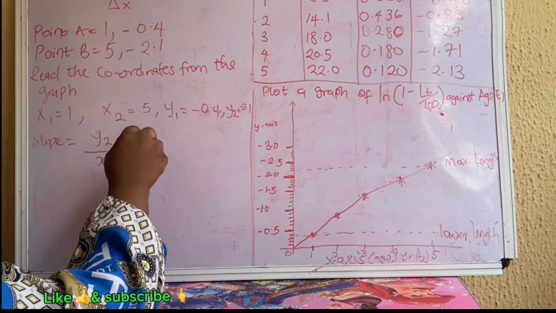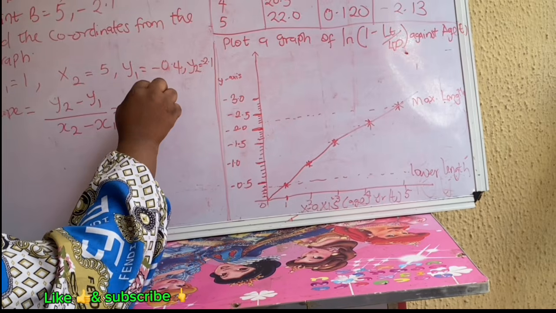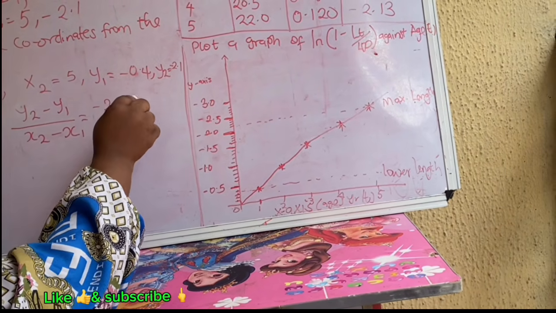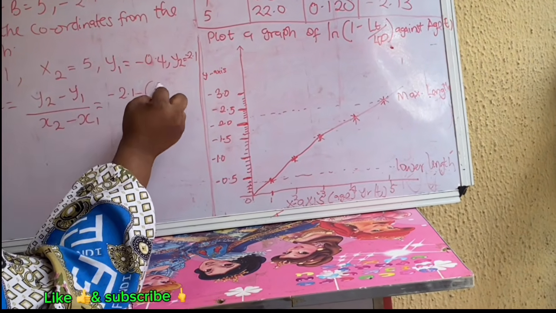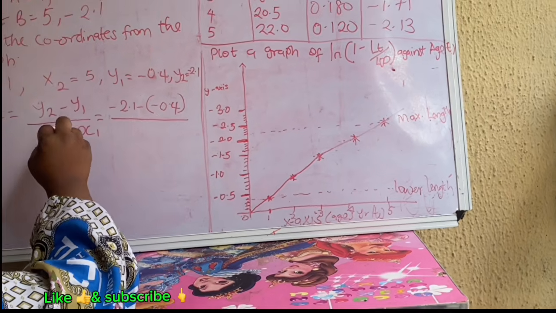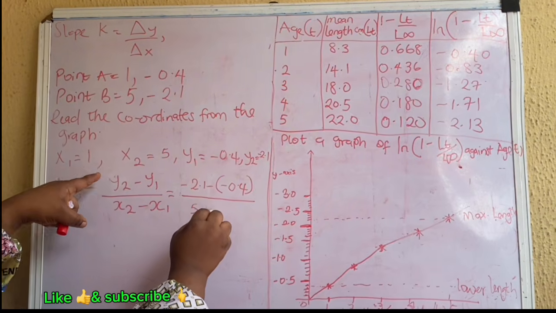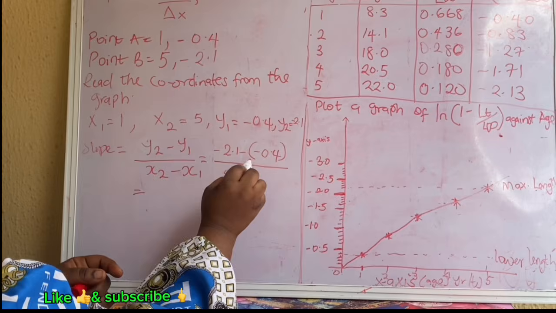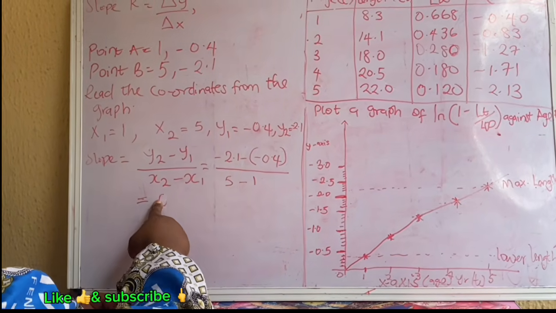That is minus 2.1 minus, in brackets, minus 0.4, all over 5 minus 1.